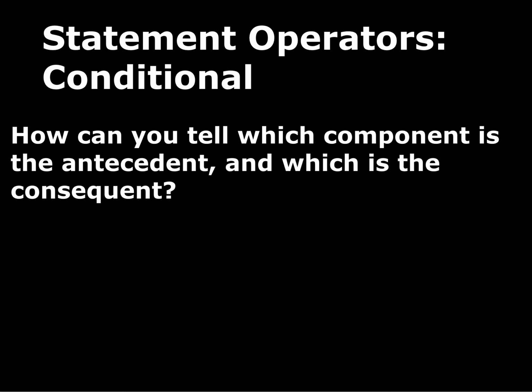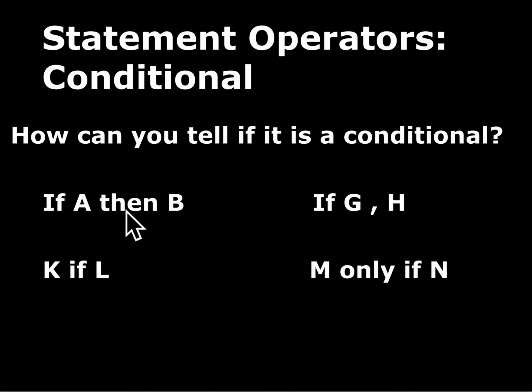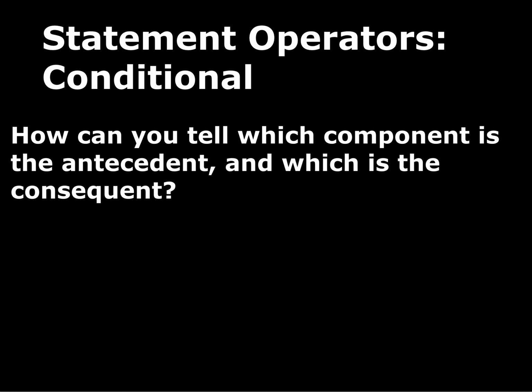Okay, so next up, we know we're dealing with a conditional. How can you tell which of the components, and by that I mean A or B, G or H, K or L, or M or N, in each case is the antecedent and which is the consequent?